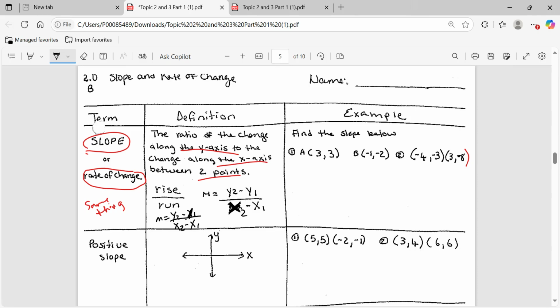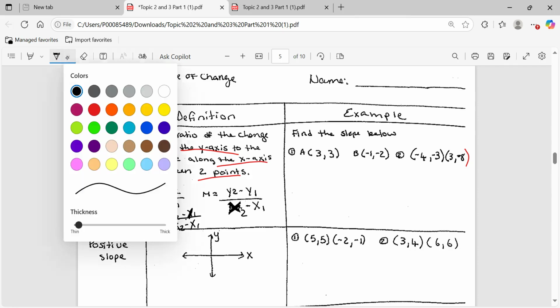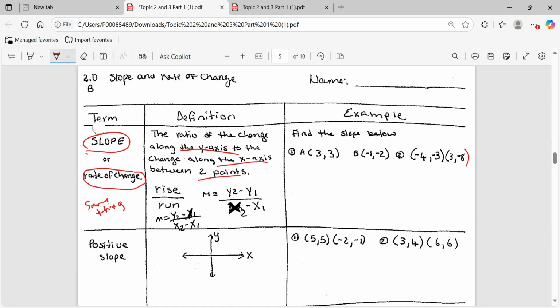And that's because when we first find our coordinates, we're going to label them. The first point, it doesn't matter which one you call the first point, you're just going to call x1, y1, because every point has an x and a y. The x is first, the y is second. The second point, we're just going to call x2, y2.